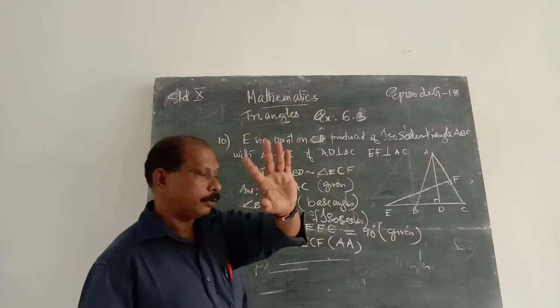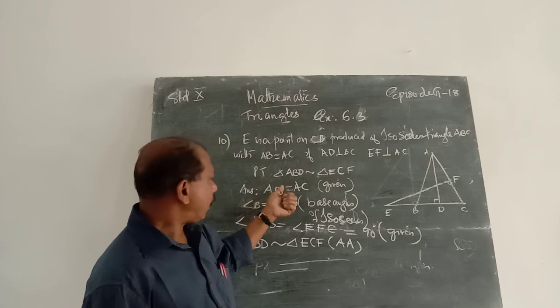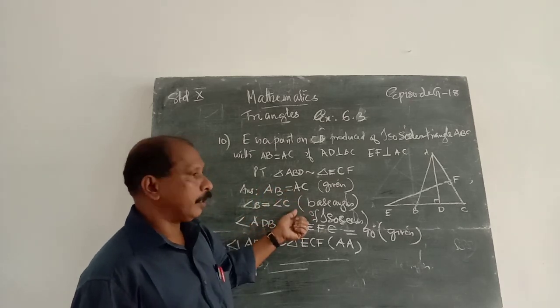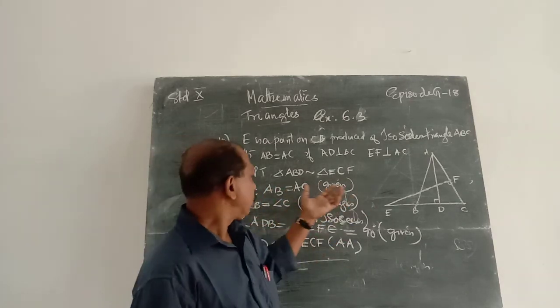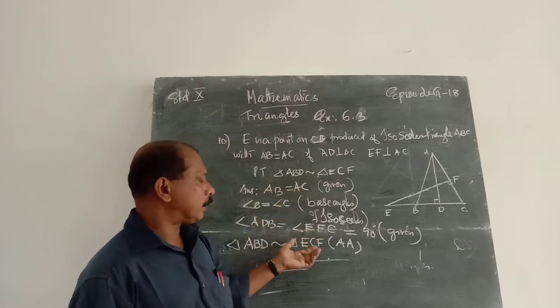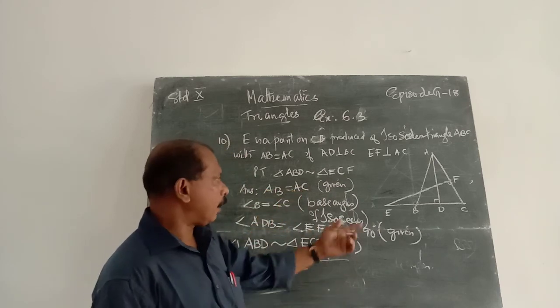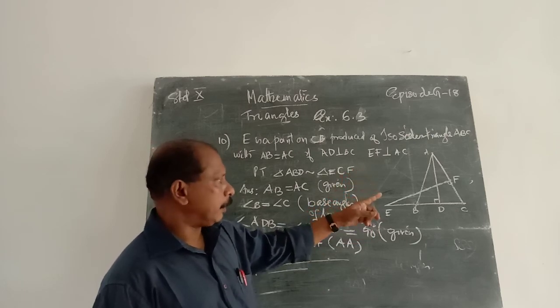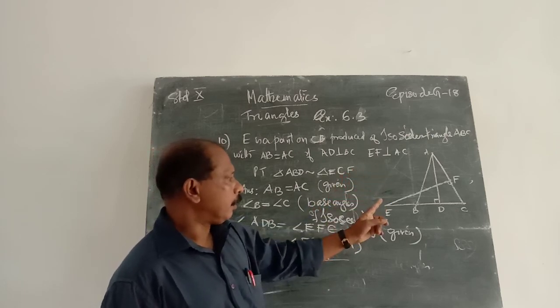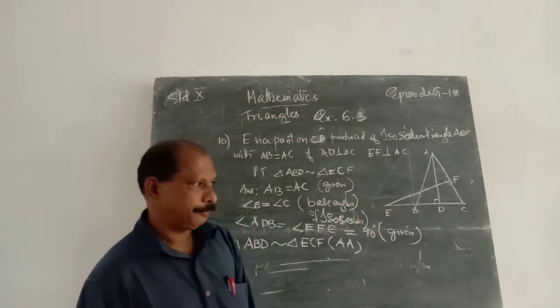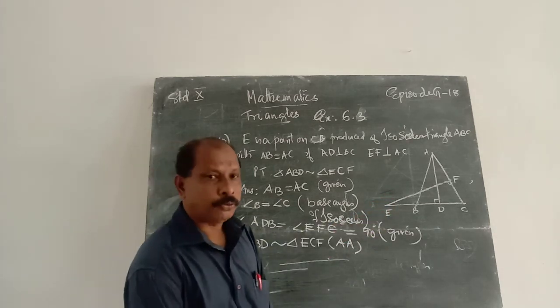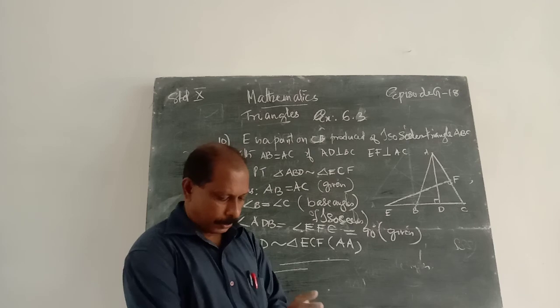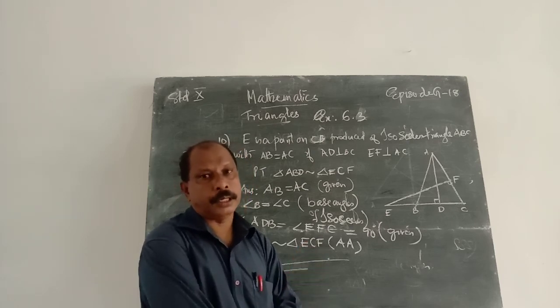Therefore, with two angles equal, triangle ADB is similar to triangle EFC. Therefore, the next exercise will be in the next episode. Okay.